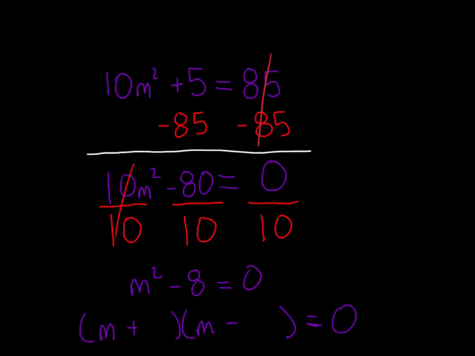You can try all the factors of 8, 1 and 8, but that won't work because those add together to equal negative 7. 2 and 4 won't work either because those add to be negative 2. And changing the sign won't make much of a difference because we want them to cancel out altogether. So since we can't find integer factors, we need another approach.